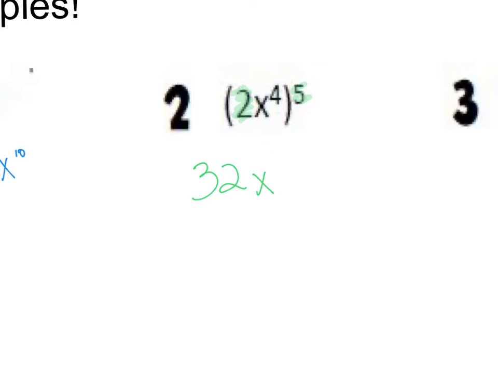And then we've got x to the, and we do then multiply these two together. Power of 20, because 4 times 5 is 20. So we don't ignore this coefficient here. We did 2 to the power of 5, and then we did x to the power of 4 to the power of 5. We did every piece there.